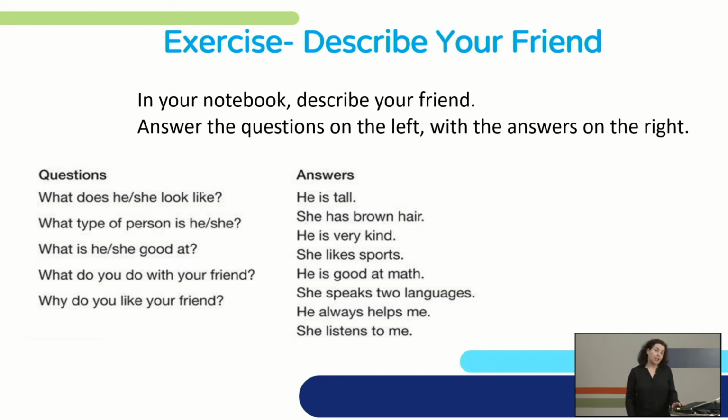Does he speak Russian, English, Hebrew, French, Italian? He always helps me. And the last answer could be: she listens to me. I like people that listen to me. That's why I'm friends with them. They listen to me, they help me, they give me feedback about what I do. Describe your friends for a few minutes, okay? And come back, okay?